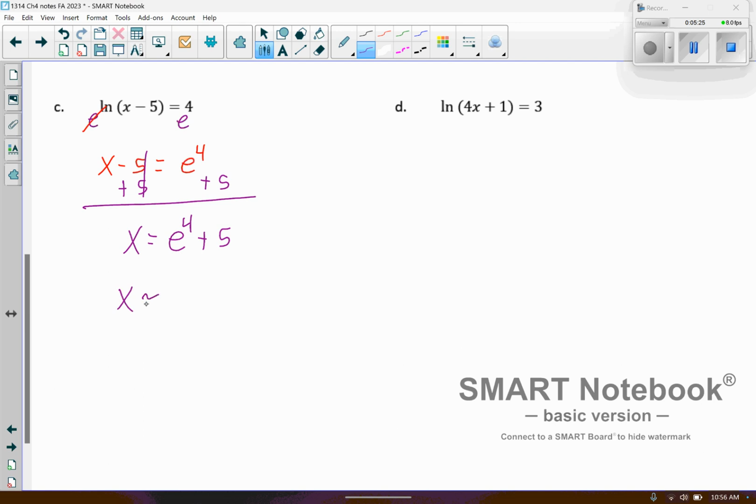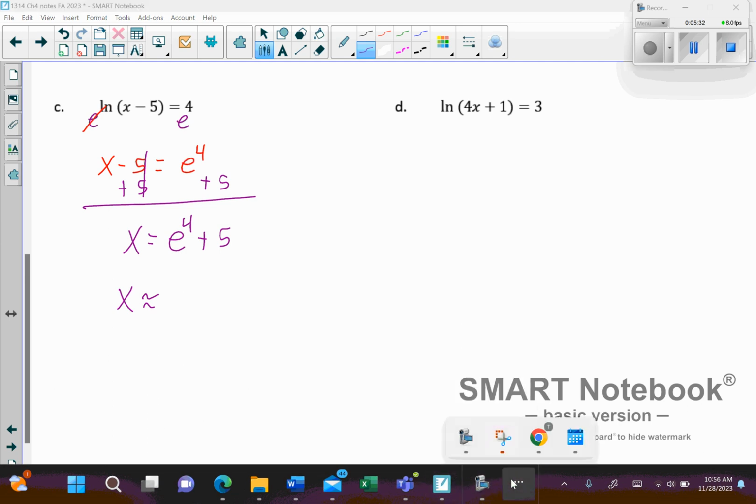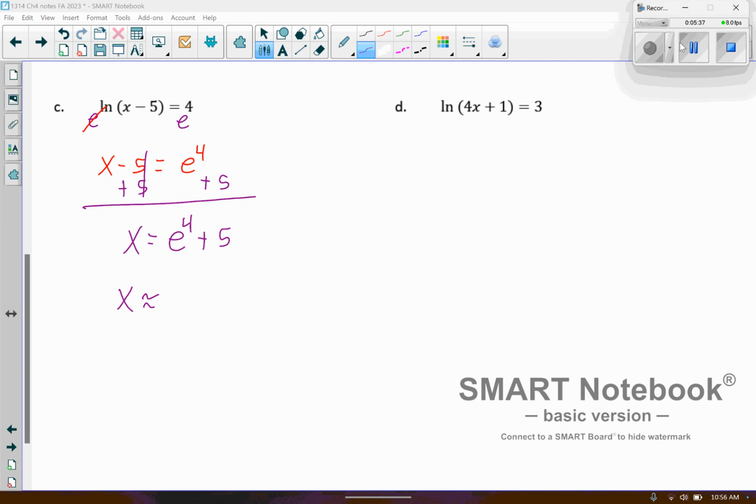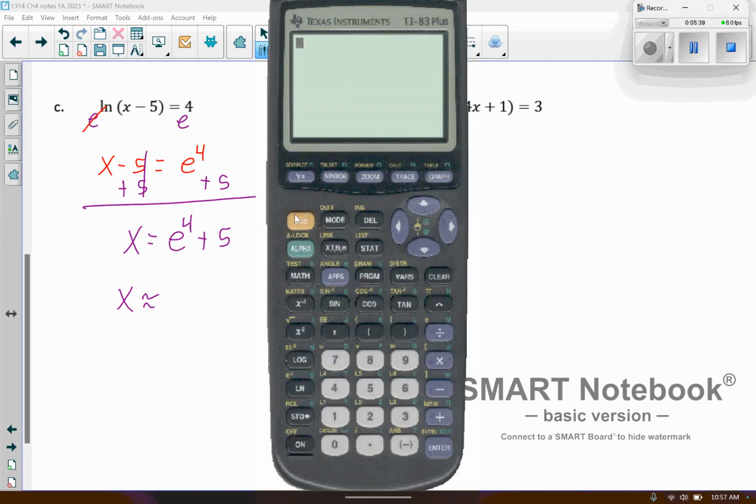And then if I want my estimate, I'm going to go ahead and put this in the calculator and let that do that work for me. Let me grab my calculator real quick. So here we go. I'm going to press second, and if I press the second LN button, it will give me e to the power of, and so I'm ready to put that 4 in there, close it, and then I have to put that plus 5, and it's very important to close that parentheses.